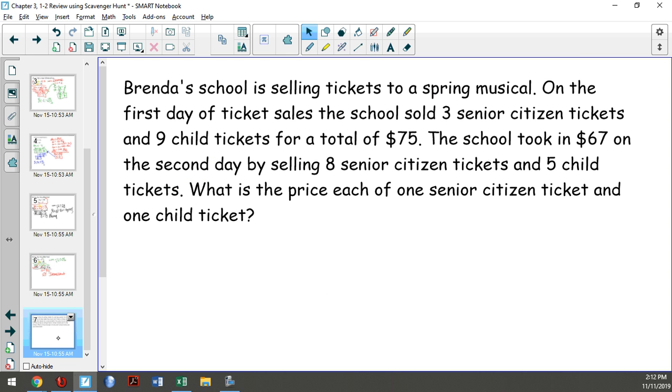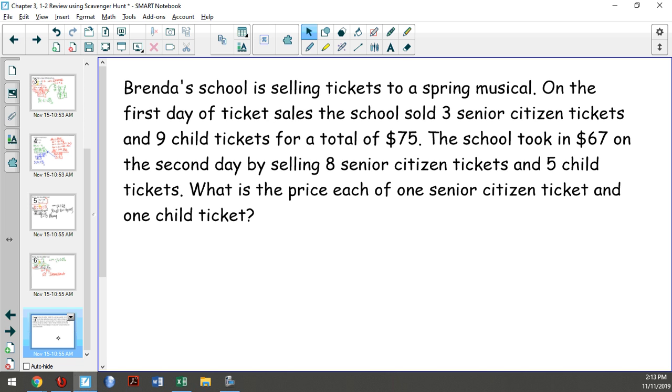Story problem applications. Read it and come up with your equations. What's X? Seniors. What's Y?